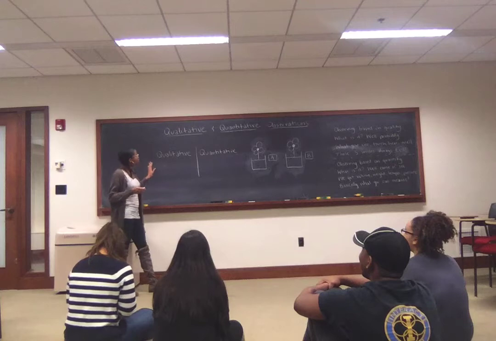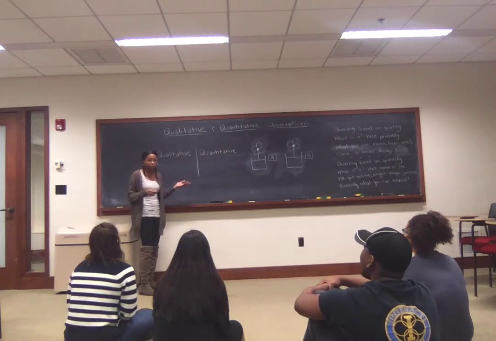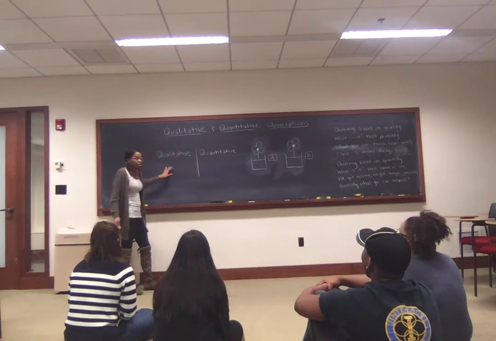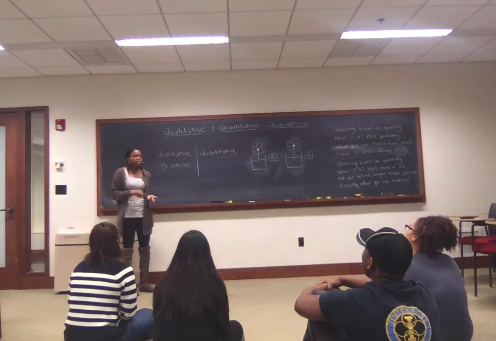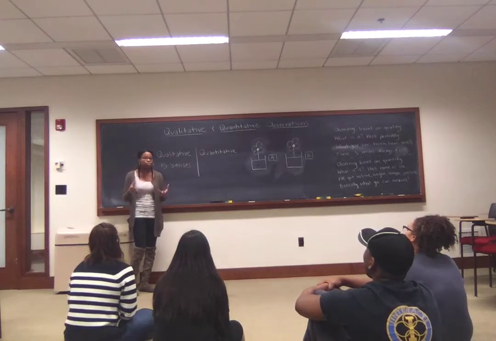First of all, quantitative and qualitative observations are basically just two different types of observations that you can make while doing a scientific experiment. Qualitative observations are based on your 5 senses, okay? This could be what you see with your eyes, if there's a specific color or a specific shape of what you're observing.